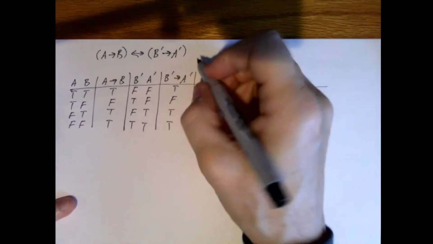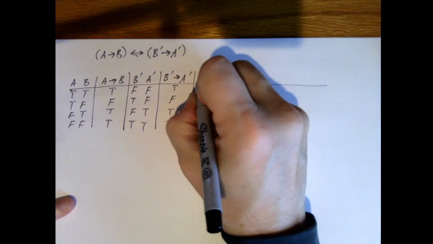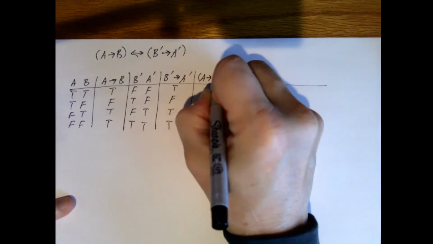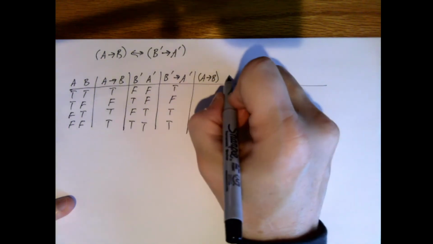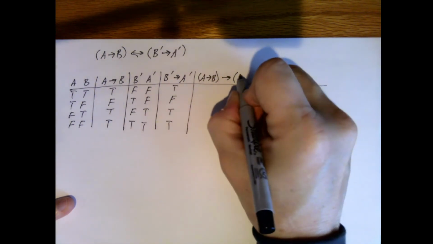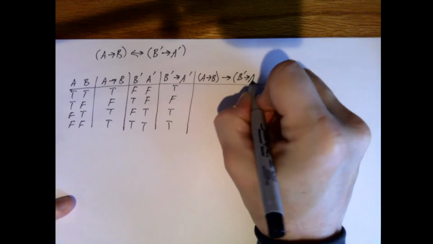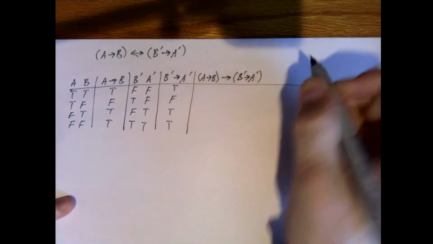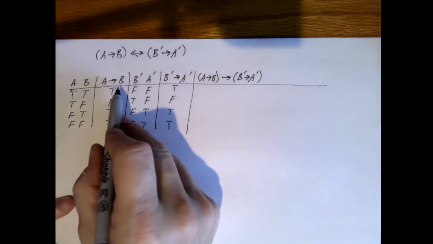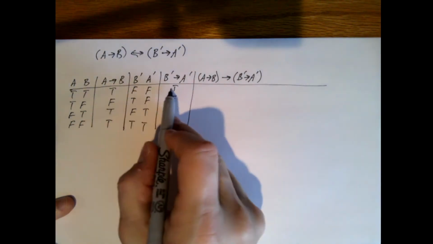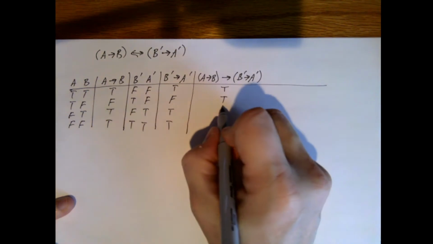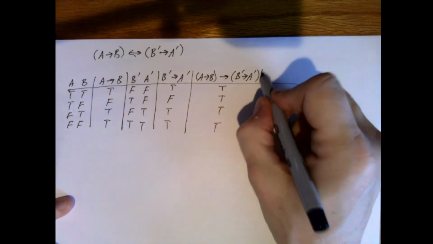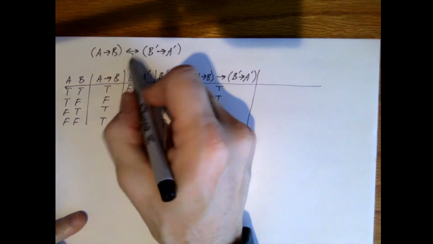And so now when we write A implies B implies, or not B implies not A, we're looking at this and this. So true and true is true, false and false is true, true and true is true, and true. And we do it the other direction, because I'm working out the biconditional here.